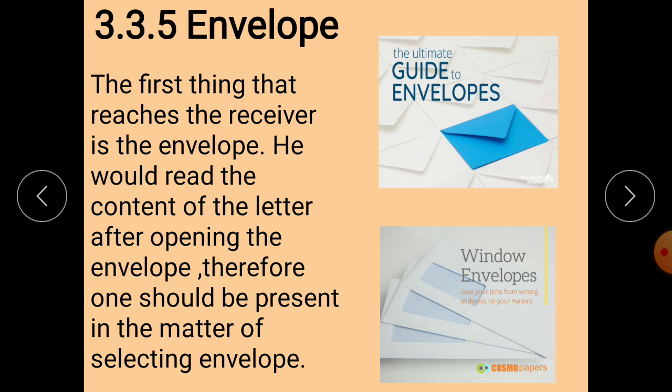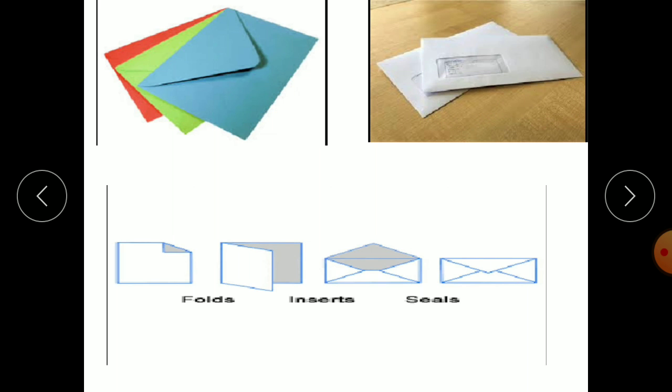Okay? If the paper is white, the envelope should be white as well. If paper of pastel shade is used for the letter, the envelope should match it. For business letters, an envelope with vertical axis on right is used.